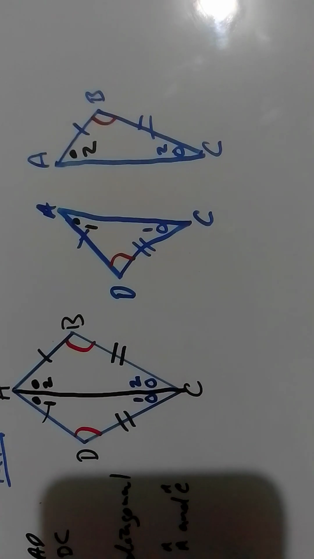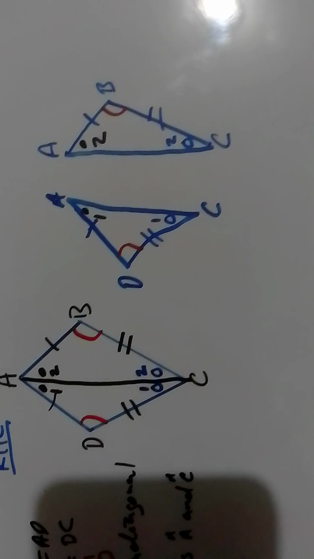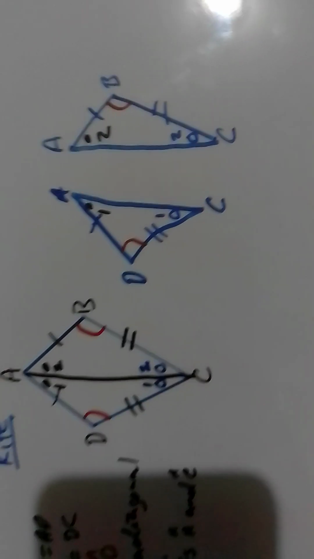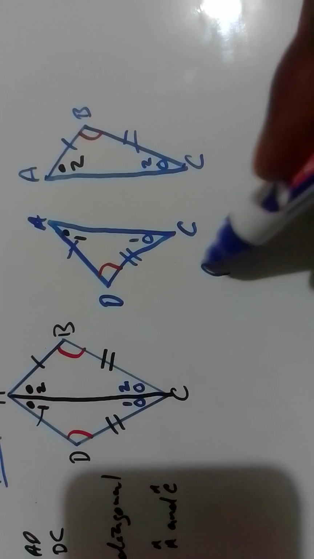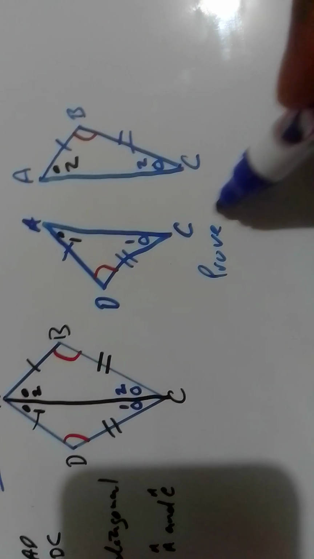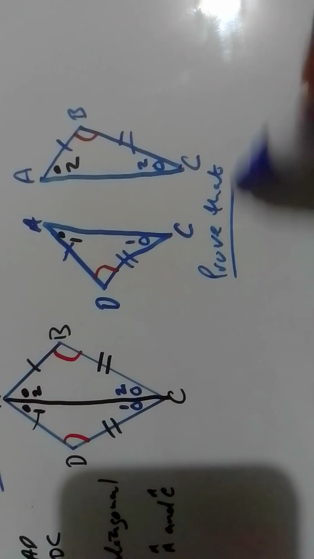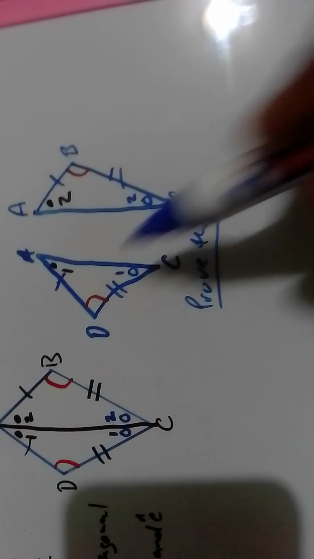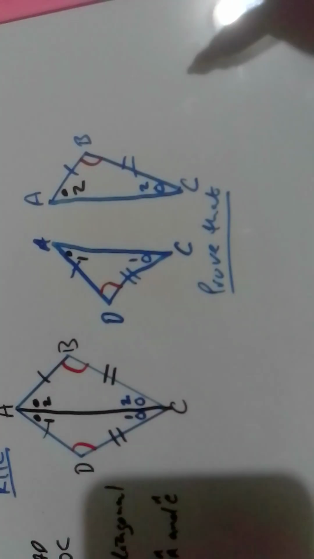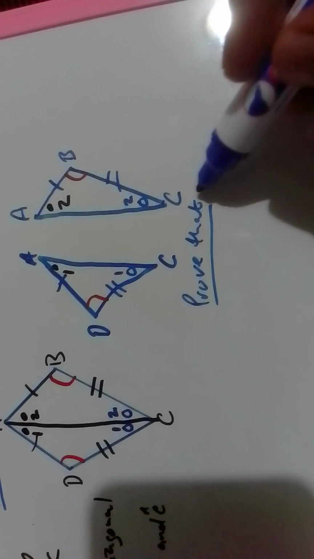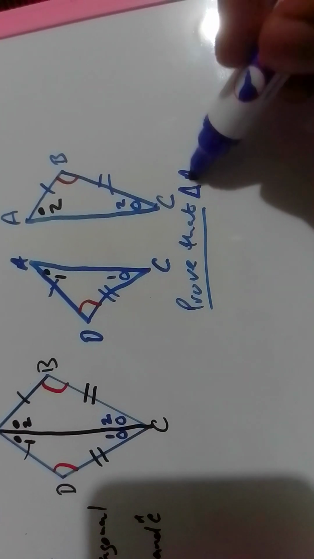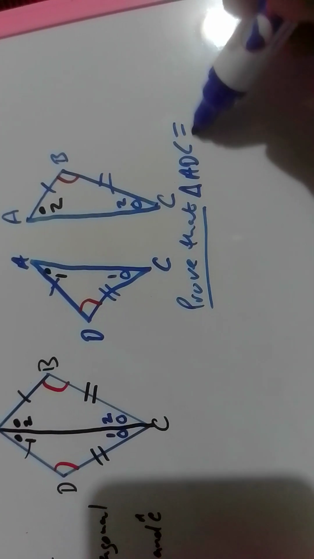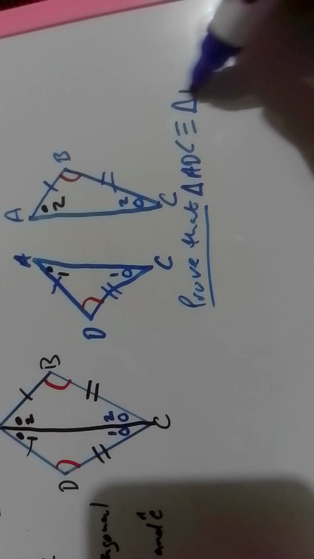So now what happens? Remember, they can ask you to prove that from this kite, but they will be identifying triangles. Then they'll say prove that triangle ADC is congruent to triangle ABC.